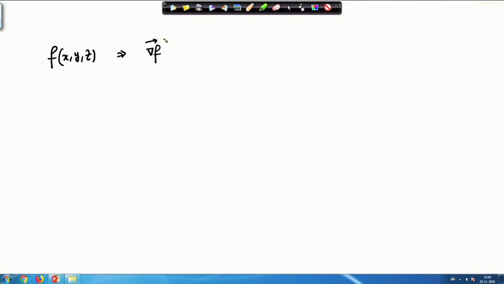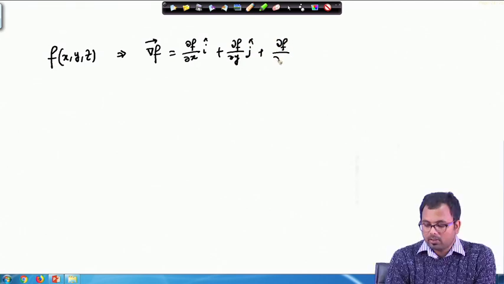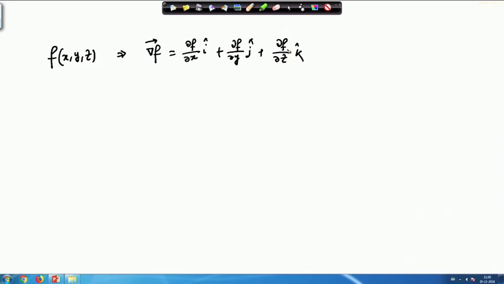So we put a vector sign here, and this is basically del f del x i plus del f del y j plus del f del z k. So this gradient is a vector quantity.